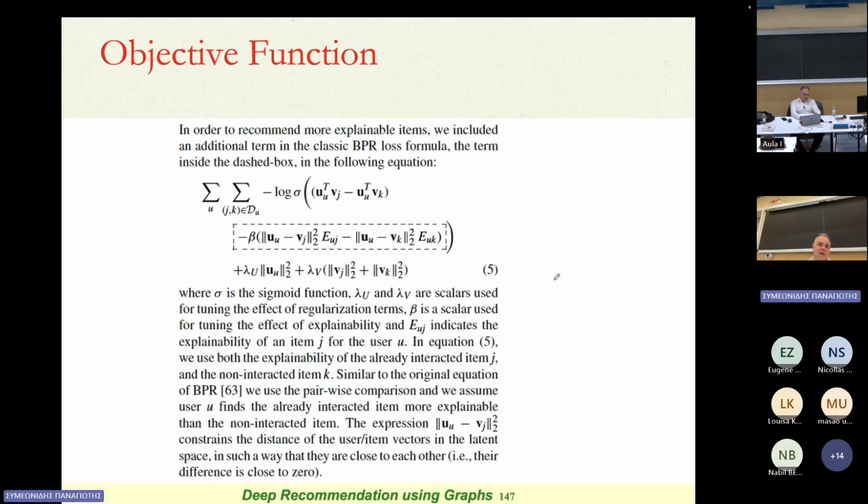Of course, there is a lot of theory in how you implement this explainability user-item matrix. Okay, so you need to express how explainable an item is for a user and keep this information in a matrix.